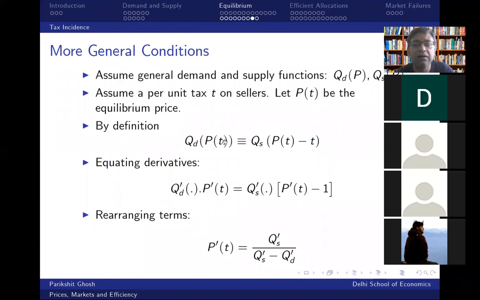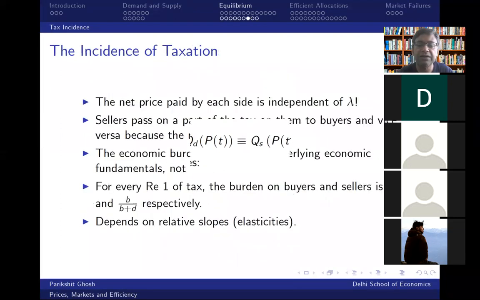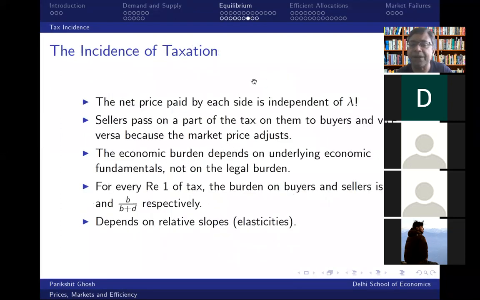So we'll start with this equation first of all. What I'm going to do here is not repeat that lesson that lambda plays no role, right? You can also generalize that. But I'm going to now focus on how the economic burden is split between the two sides in general, and what that depends on.